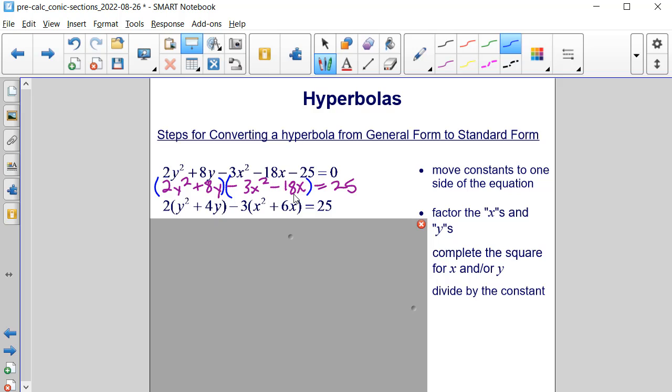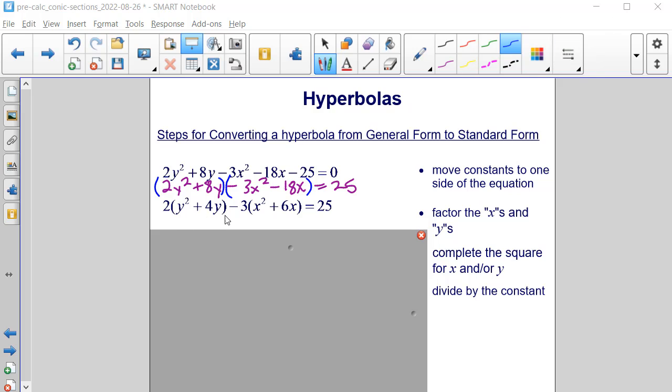In the terms containing x variables, we can factor out a negative 3, because negative 3 and negative 18 are both multiples of negative 3. So when we pull the negative 3 out, we'll be left with x squared plus 6x for our two terms. And this is still equal to 25.